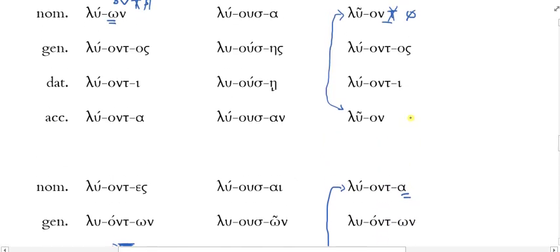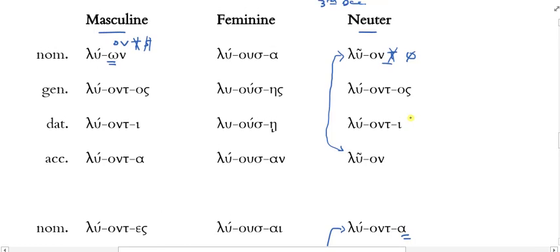All right? For the feminine forms, I'm not using third declension. I'm using first declension. So in the active, we're dealing with a 3-1-3 pattern. Luusa is my form.